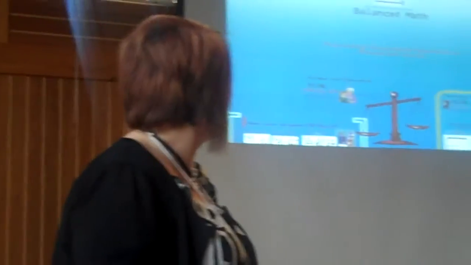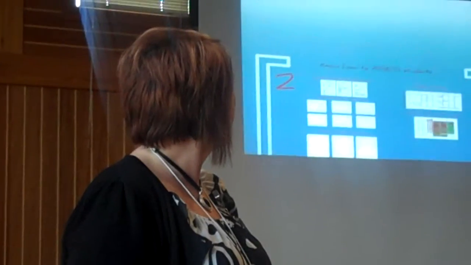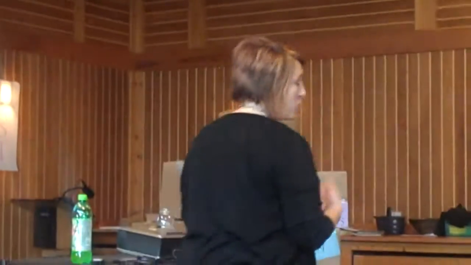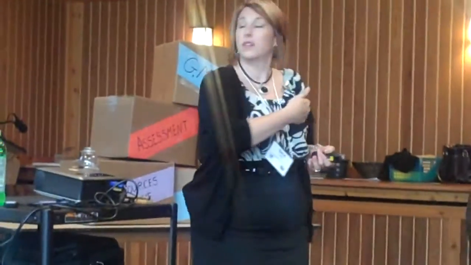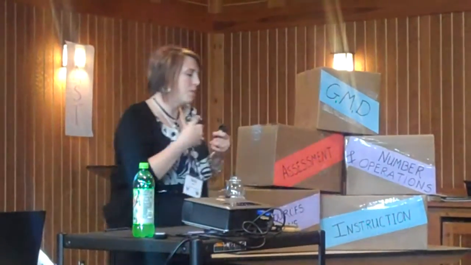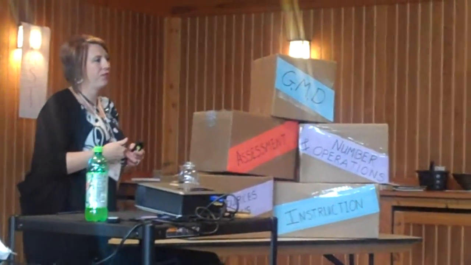So when we talk about development, go back up here. We have the developmental guidelines that Sarah Lord spent 2 years working on. And they are in three sections. Number development, addition and subtraction, multiplication and division.